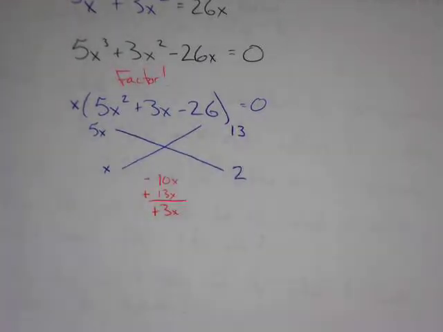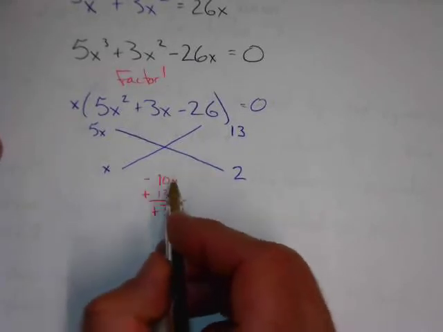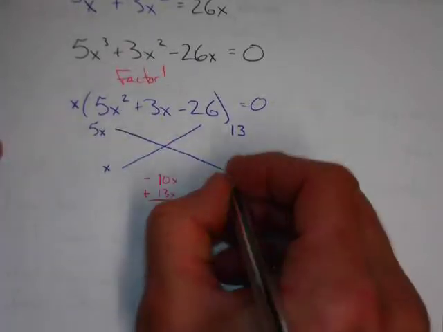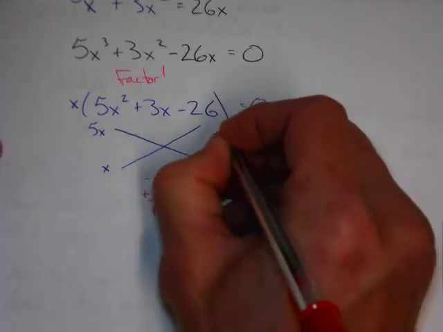Okay, so if that doesn't jive well, hit pause here. Go back to the lesson on factoring trinomials. But again, I'm trying to sell you on the x factor model. This is why I use it. So anyway, if my 10x is going to be negative, that means where I came up with my 10x is going to have to be negative. If my 13x is positive, where I came up with that is going to be positive.